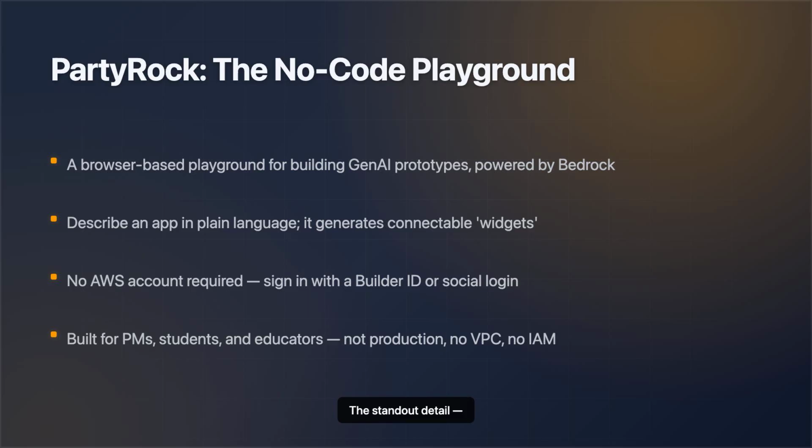The standout detail, you don't even need an Amazon Web Services account. You sign in with an Amazon Web Services Builder ID, or a social login. It's built for product managers, students, and educators. It is not a production service. There's no VPC, no identity and access management integration.